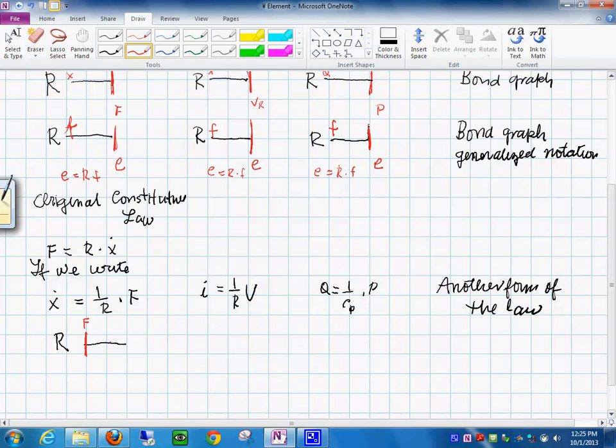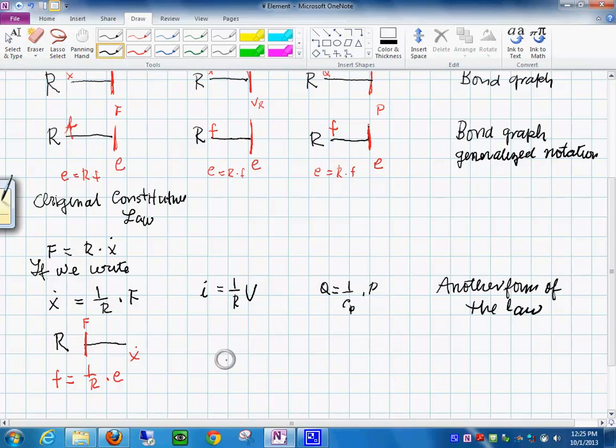If we generalize this notation, we know now that F in this case is 1 over R times E. And that's exactly what we would do with the R element in this different form of the constitutive law.